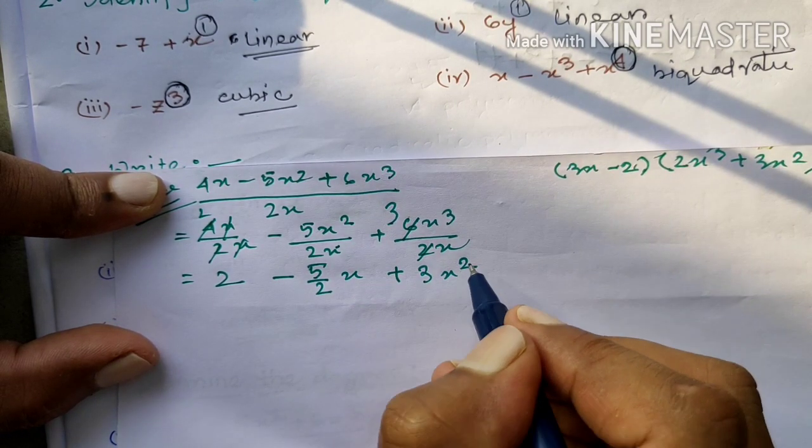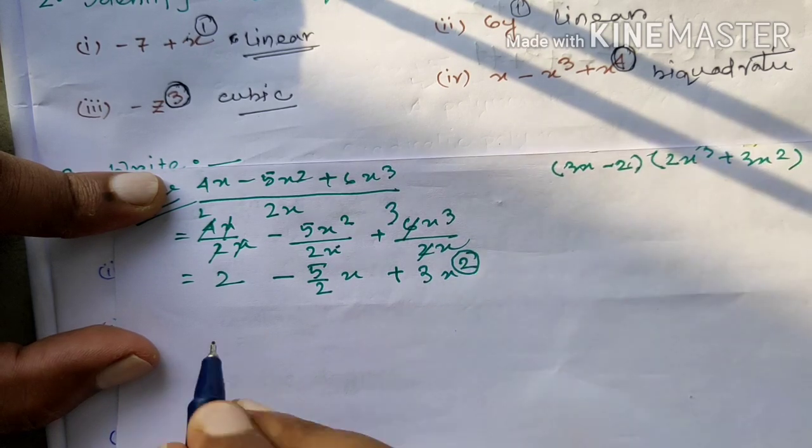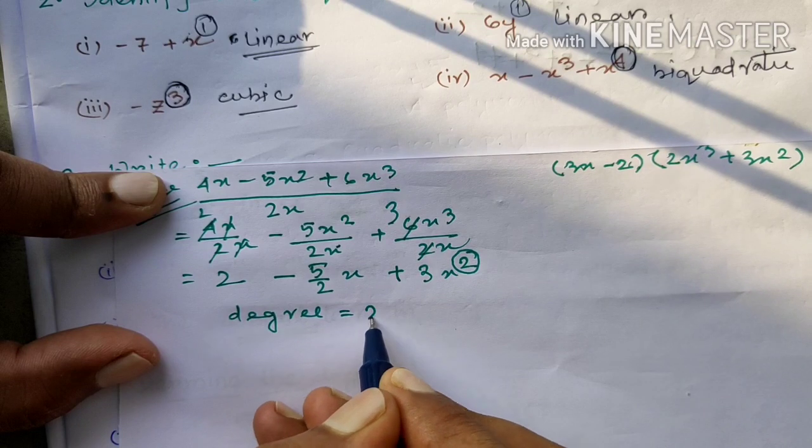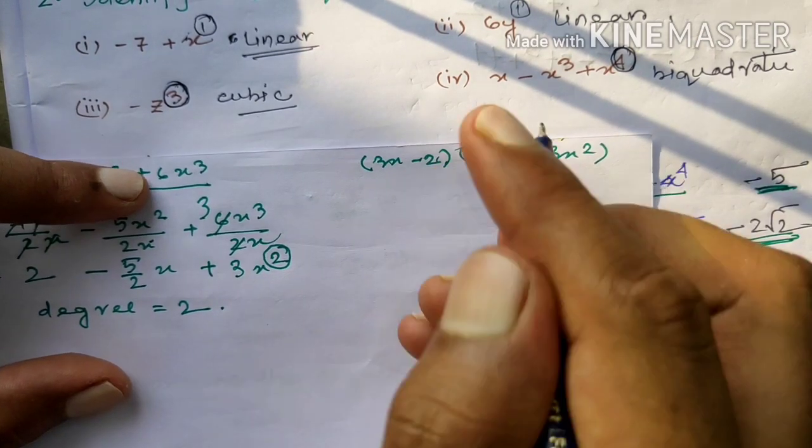After calculating, the highest power of the variable x equal to 2, therefore the degree equal to 2.